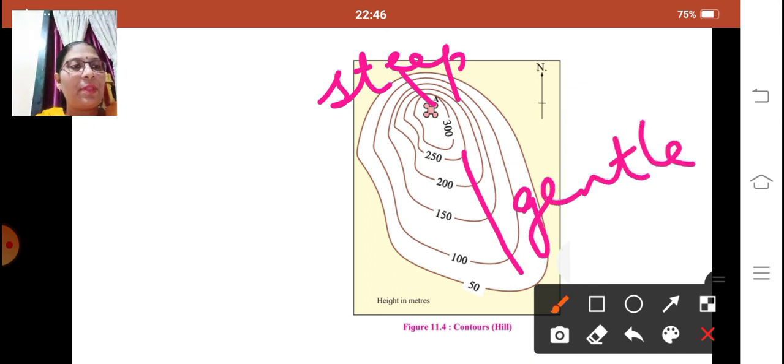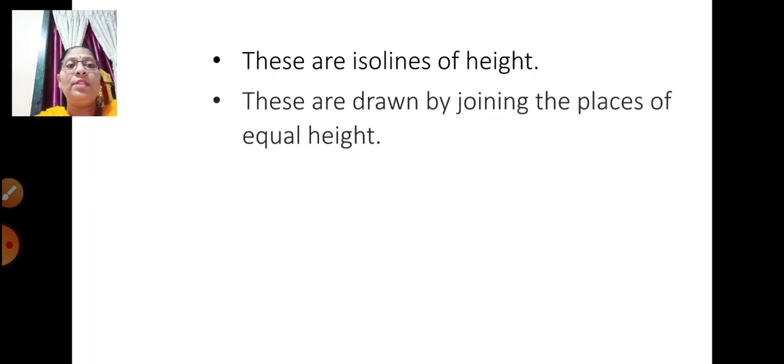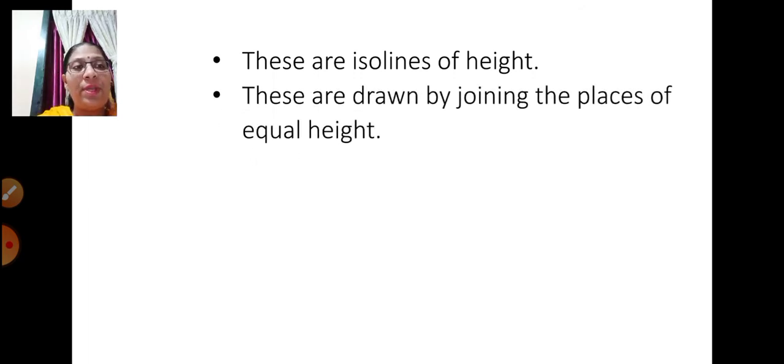If the distance between two contour lines is more, you will have a gentle slope, and if they are closer to each other, you will have a steep slope. These are isolines of height or equal altitude. These are drawn by joining the places of equal height.